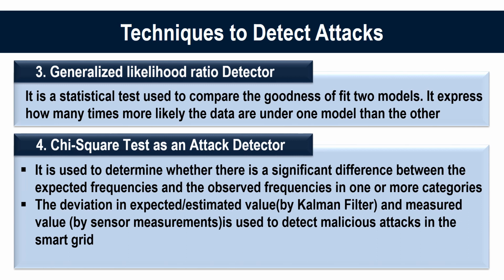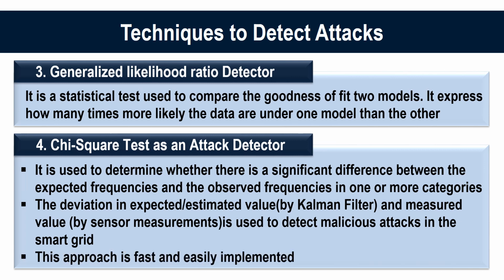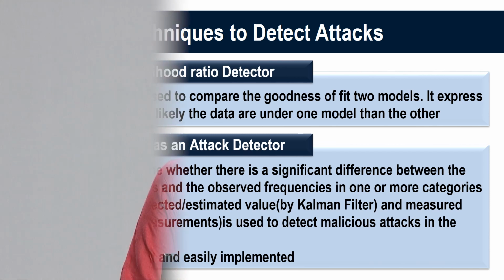If the frequency of the data in the normal condition changes due to some attack on the transmission, distribution, or generation system, that can be sensed by checking against the normal frequency of the data. This approach is fast and can be easily implemented.